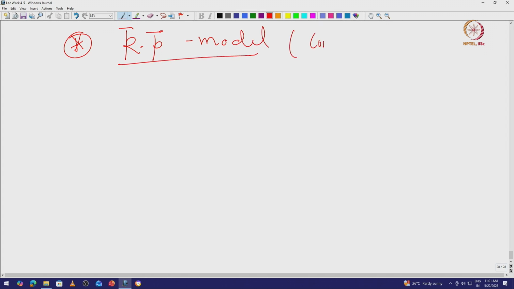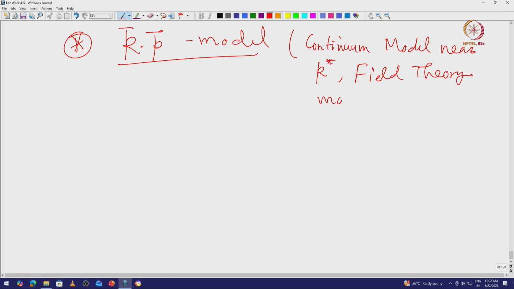So it is a continuum model near the degeneracy, okay, near K star, and one can also call it something like a field theory model, kind of a long wavelength model with respect to K star, okay.